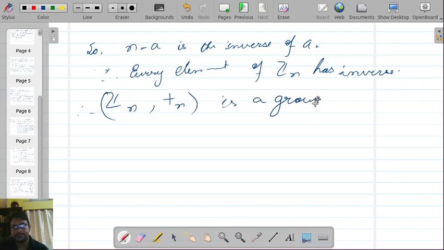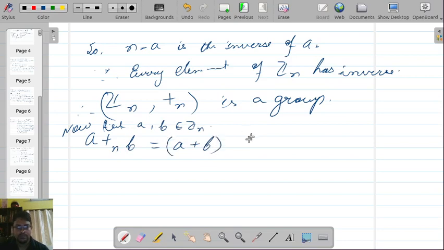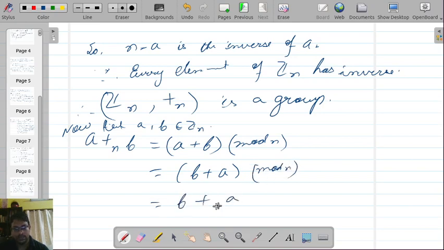Next I have to show it's an abelian group. Let a, b belong to Zn be any elements. Then a plus b modulo n is the remainder when a plus b is divided by n. But we know a plus b is the same as b plus a, so this is nothing but b plus a modulo n. Here I have used commutativity of integers.